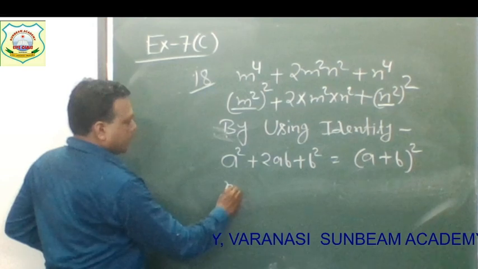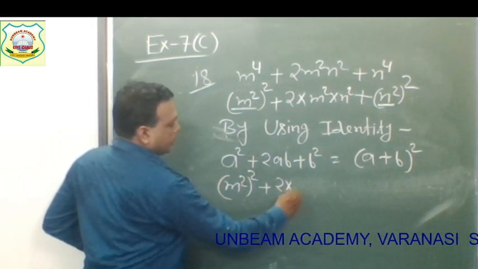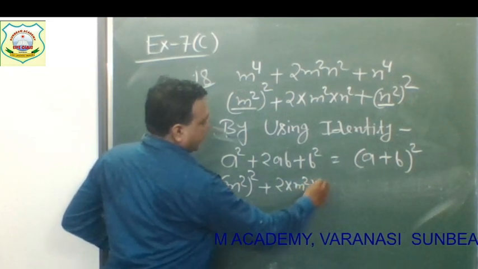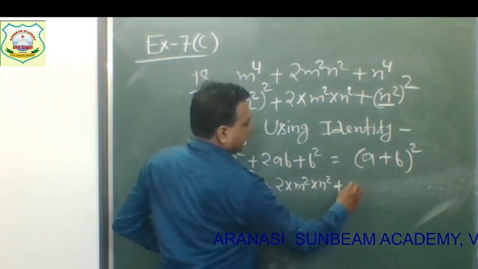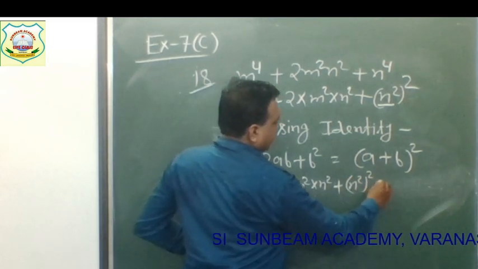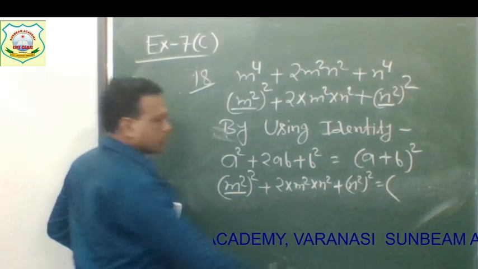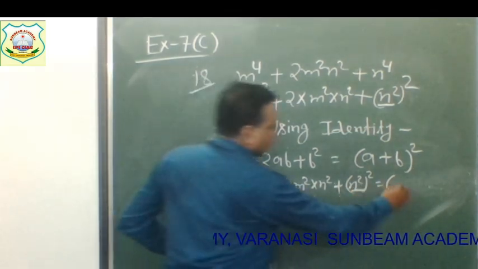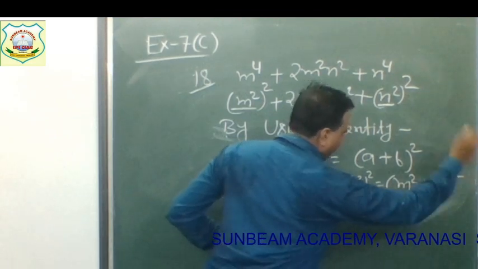So (m square) whole square, plus 2 into m square multiply n square plus (n square) square equal, what will we get? What is the value of a? M square. What is the value of b? N square. So here we will write (m square plus n square) whole square.